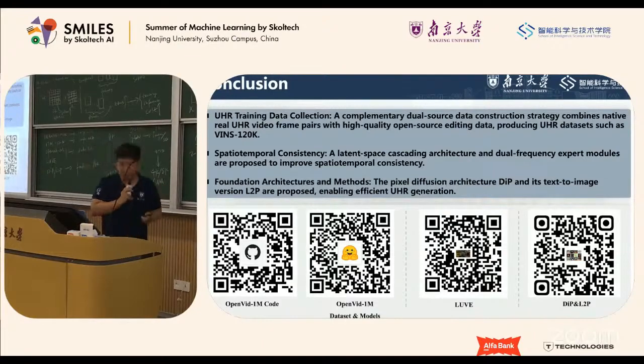And third, DIP and L2P enable more efficient pixel level ultra high resolution generation. And here are some QR codes linked to OpenVid 1 million, Louver, and DIP and L2P. The code, datasets, and models are all open source.